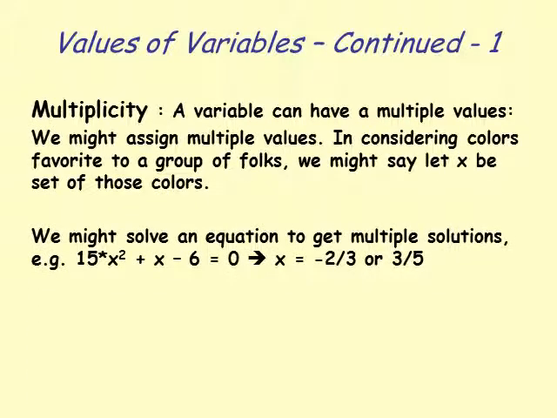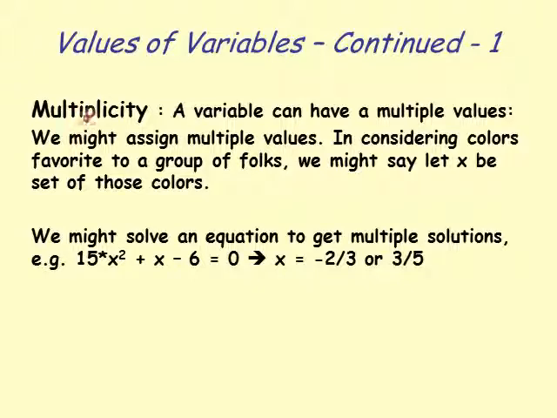Let's continue here. We might assign multiple values, considering colors favorite to a group of folks. We might say let x be the set of those colors, or we might say a variable y represents all the weekdays. That means it would represent Monday, Tuesday, Wednesday, Thursday, and Friday.